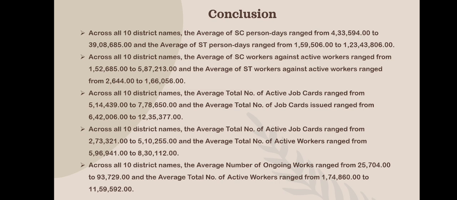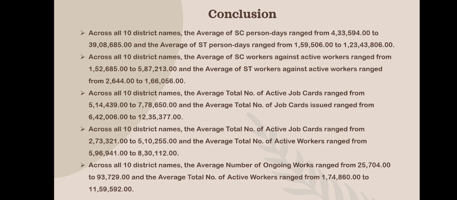Across all 10 district names, the average total number of active job cards ranged from 5,14,000 to 7,78,000, and average total number of job cards issued ranged from 6,42,000 to 12,35,000. Across all 10 district names, the average total number of active job cards ranged from 2,73,000 to 5,10,000, and average total number of active workers ranged from 5,96,000 to 8,30,000.